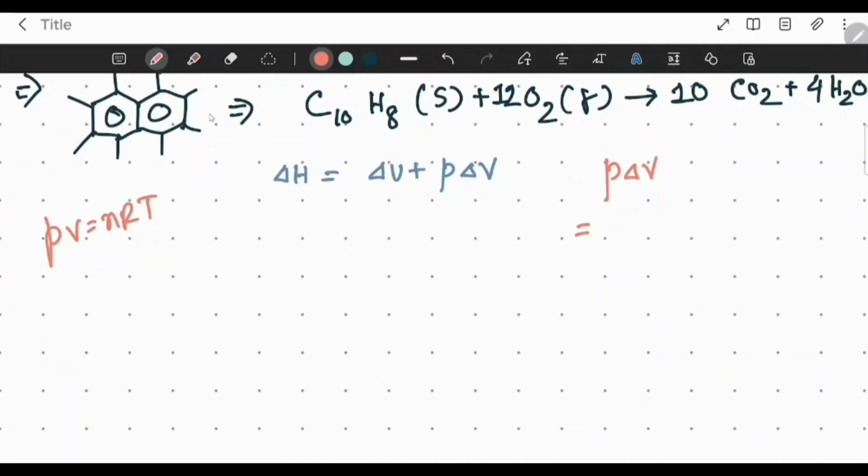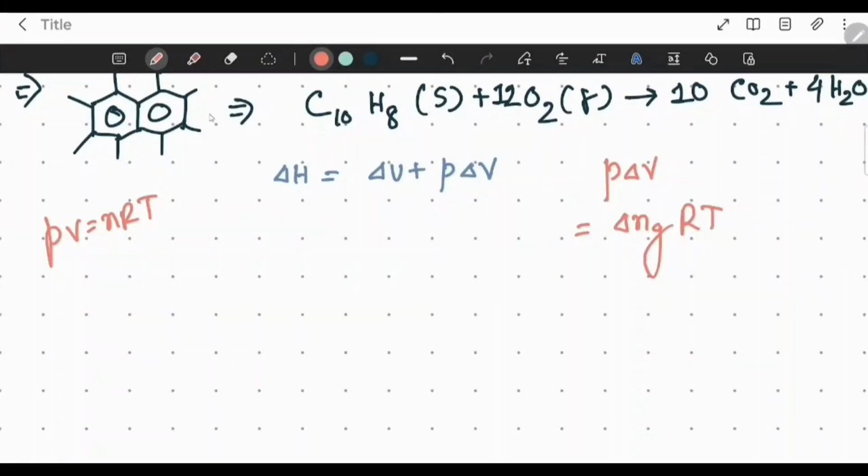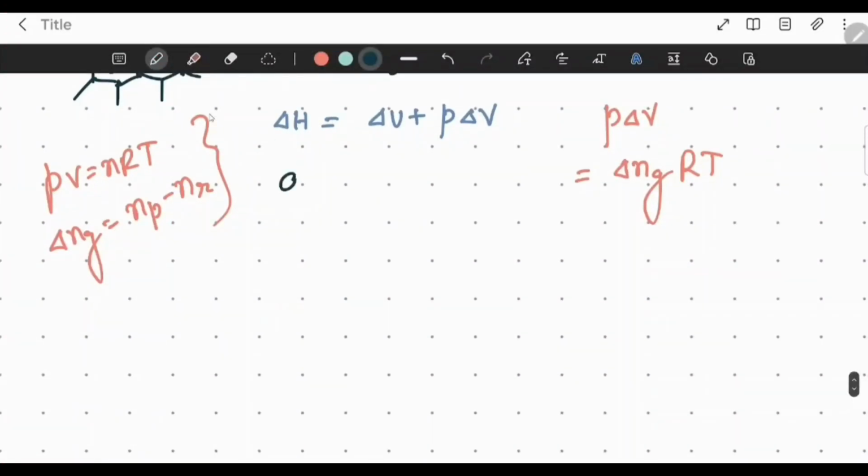Here P del V should be equal to del Ng RT. For gaseous species, del Ng will be n product minus n reactant, the number of moles.